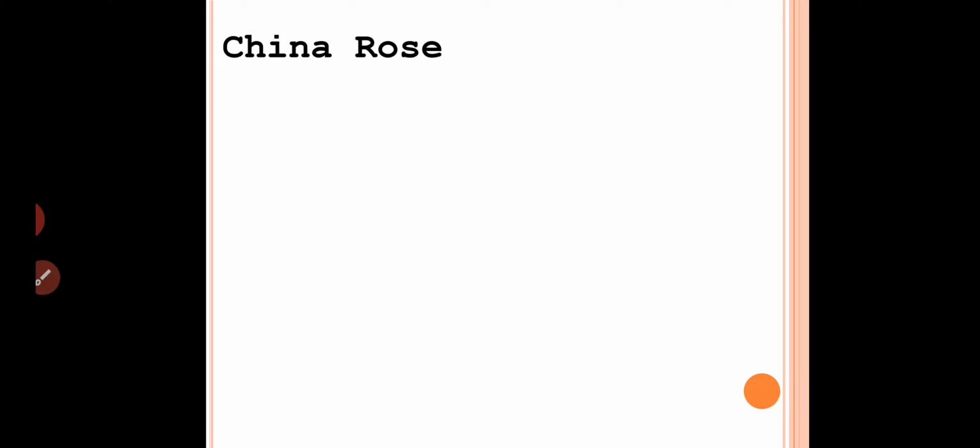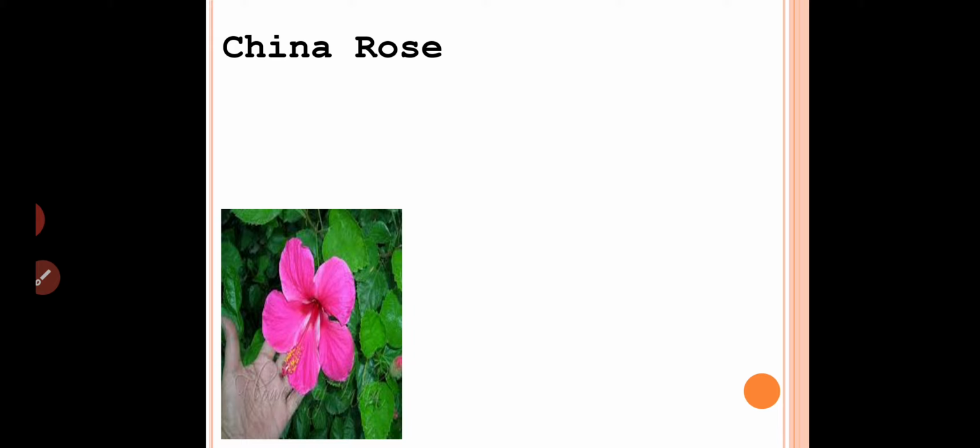Now China rose. You may have China rose in your garden, right? This hibiscus flower, especially the pink hibiscus flower, is called China rose. China rose does not mean a rose which is born in the country China. No, it is the hibiscus flower, and China rose is its common name.